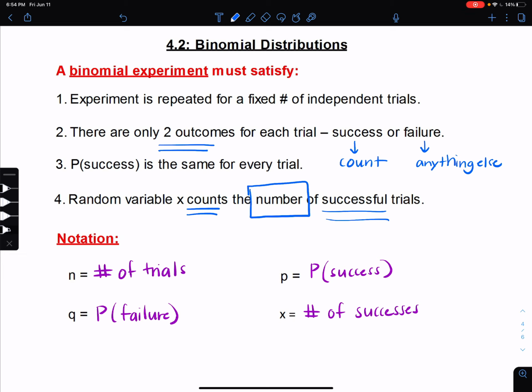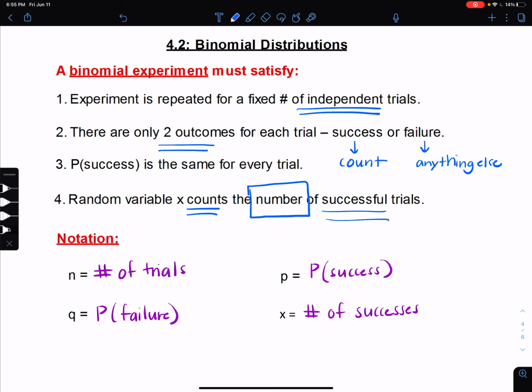Now, in addition to making sure that there are only two outcomes of interest, you also have to make sure that each trial is independent of the other trials. Now, what that means is what happens on one trial does not affect the probability on the other trials. Okay, so going back to my card example, that would mean you would have to make sure that you were replacing the cards every time you drew.